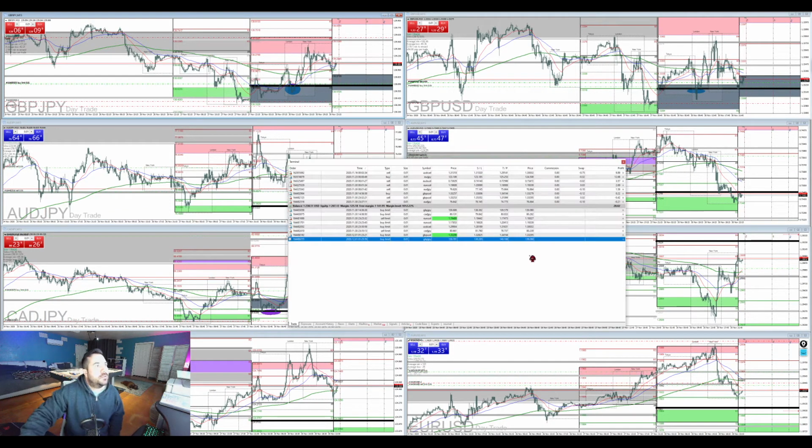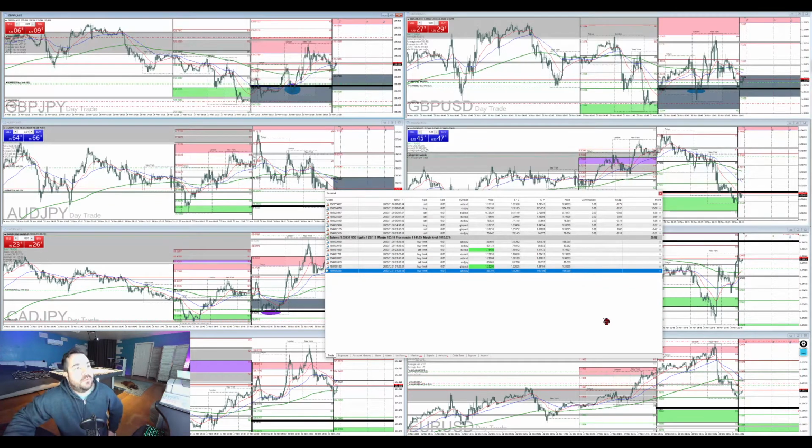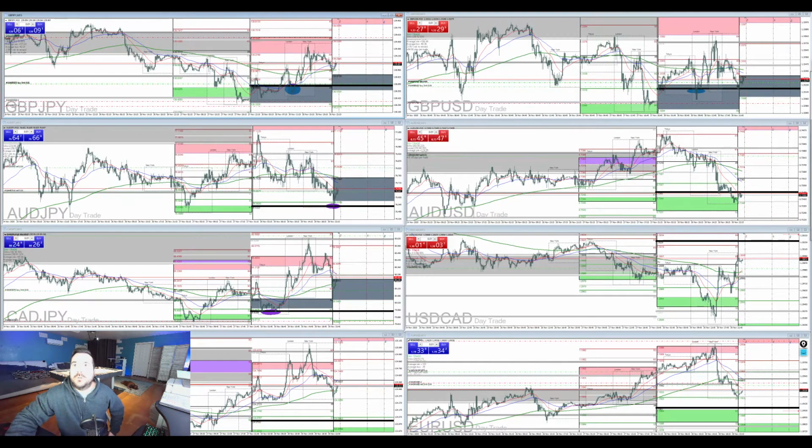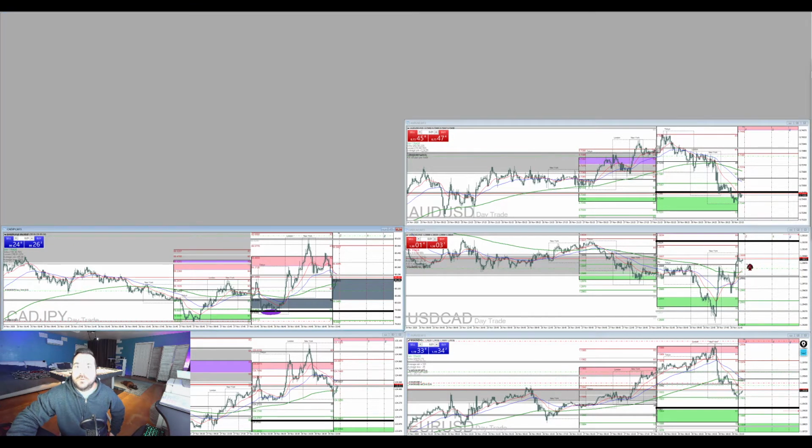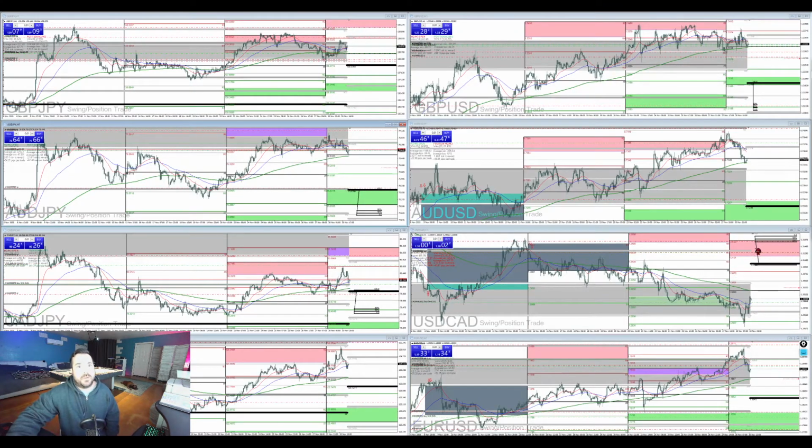This is the list right here. So I have my floating and my pendings right here. So we'll keep an eye on those. What I'm going to do right now is I'm just going to go through and place my pending orders for the, wow, this moved a little bit, huh?